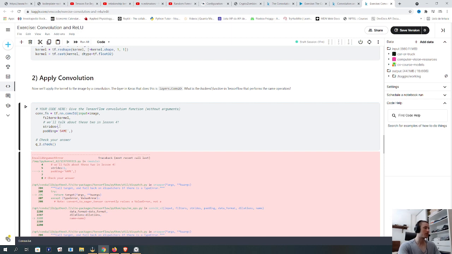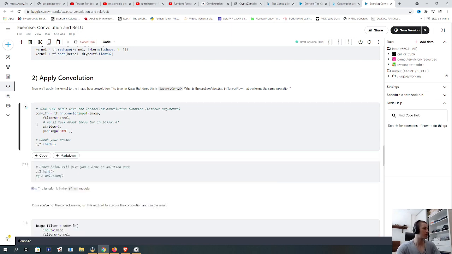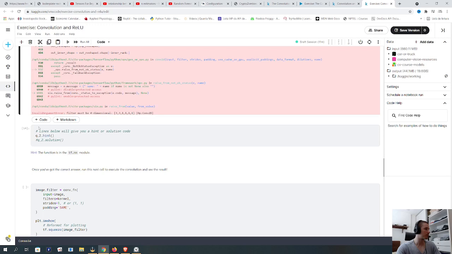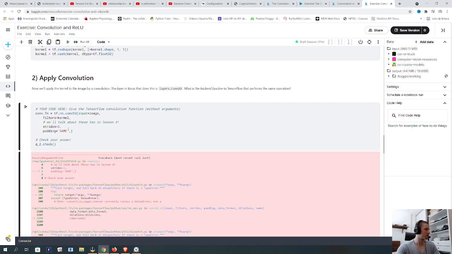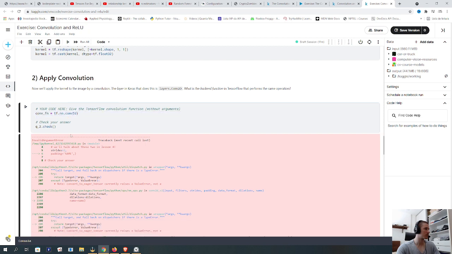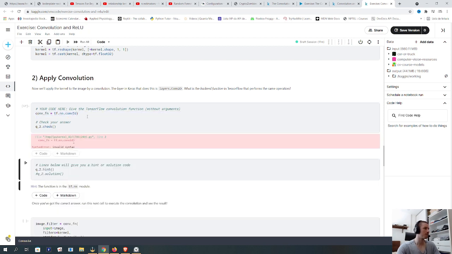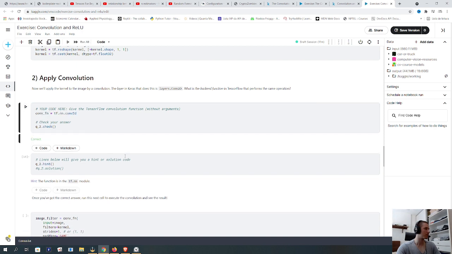I don't think I'm supposed to put this. Filter must be 4-dimensional. They say they will talk about it in lesson 4, so. Oh, so it's just this without parentheses.